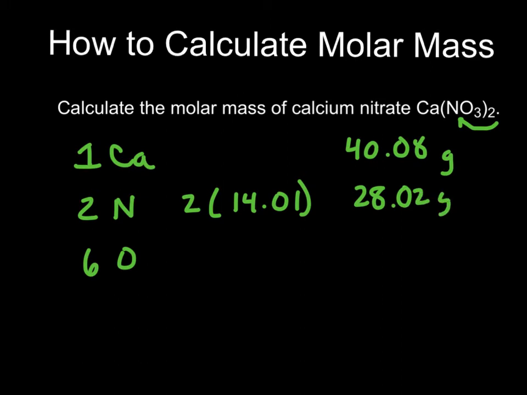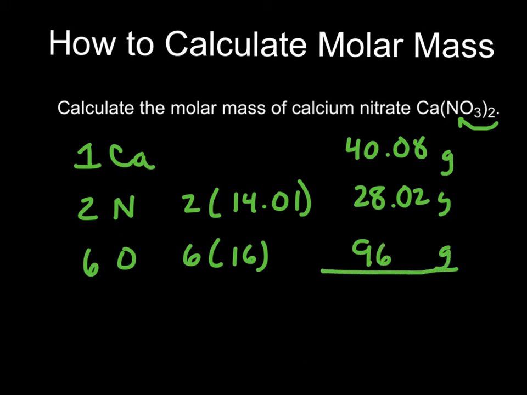For oxygen, oxygen's mass is 15.9995, so we just round that to 16. So we'll take 6 times 16, which gets us 96 grams.